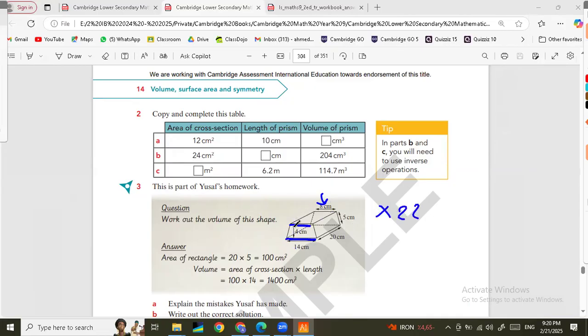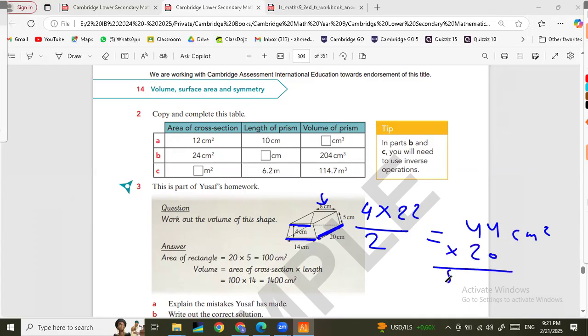You multiply by the height, which is 4, and then divide by 2, which gives you exactly 44 centimeters squared. This is the area of the cross section. You multiply by the length of the prism, and it gives you the volume: 880 centimeters cubed is the volume of this prism.